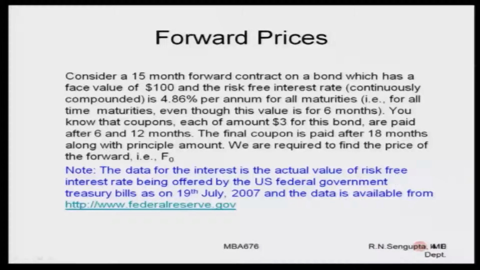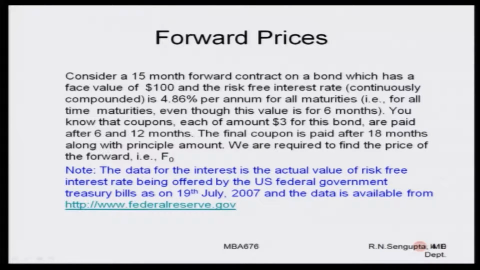Consider a 15-month forward contract. Note the data for the interest rate: the actual risk free interest rate being offered by the US Federal Treasury bills as on 19 July 2007. These are actual data taken from the Federal Reserve.gov site. Consider a 15-month forward contract on a bond which has a face value of 1000, and the risk free interest rate is 4.86 percent per annum for all maturities, even though this value is for 6 months.